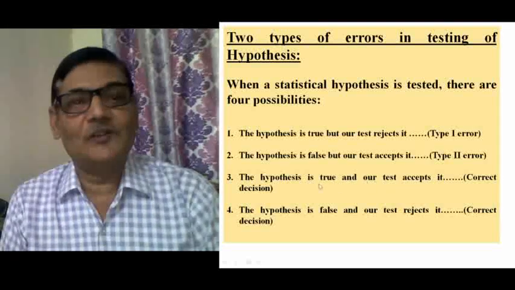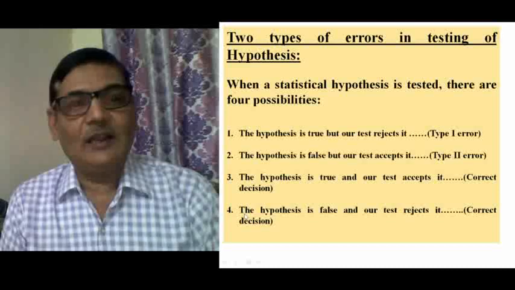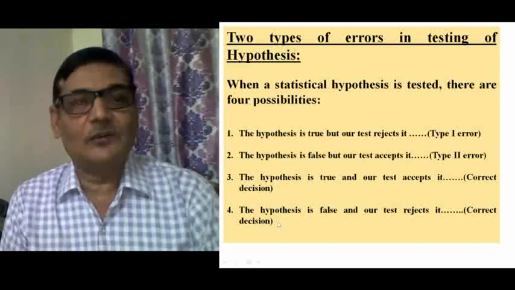That is, you are considering that the ratio of male to female in the population will be 1:1 and your data also suggests the same thing. Then this is actually a correct decision. And in the fourth situation, the hypothesis is false and your test is also rejecting it. So this is also a correct decision.